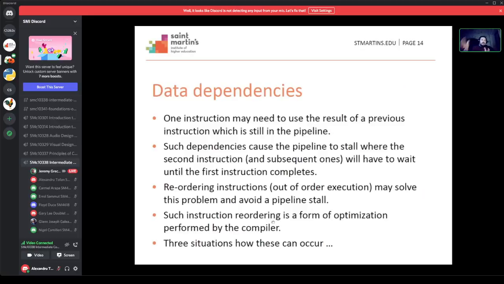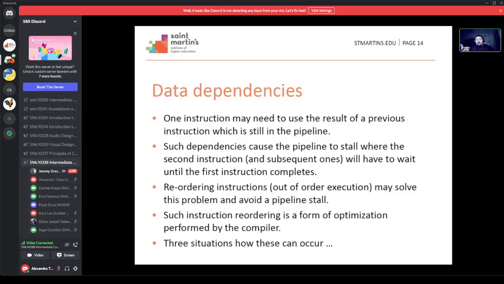The next element that causes pipeline stalls, or the most common element that causes pipeline stalls, is that known as data dependencies. Essentially, data dependencies are when you have instructions which depend on other instructions that you're currently executing. Now, as I said in our previous lecture, sometimes reordering the way that those instructions are executed may solve this problem and therefore reduce the amount of stalling.